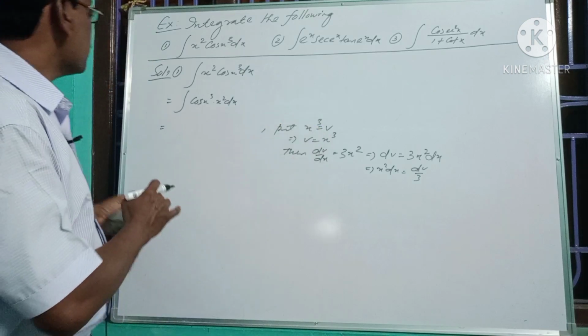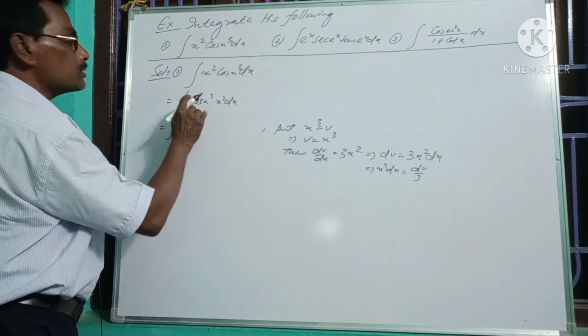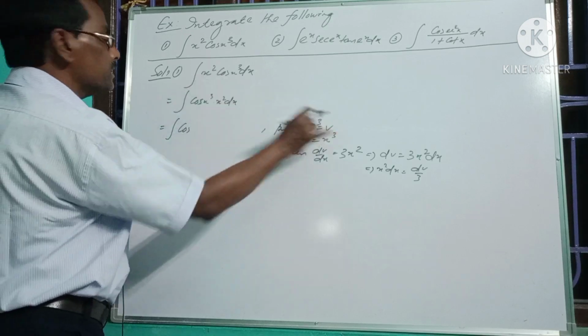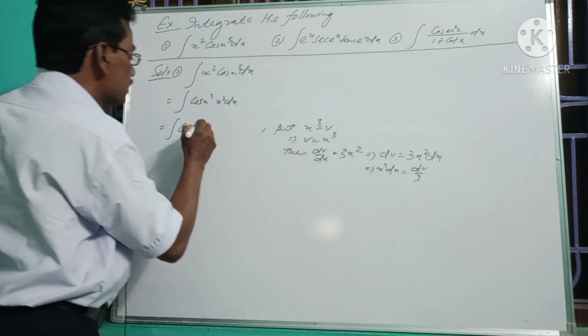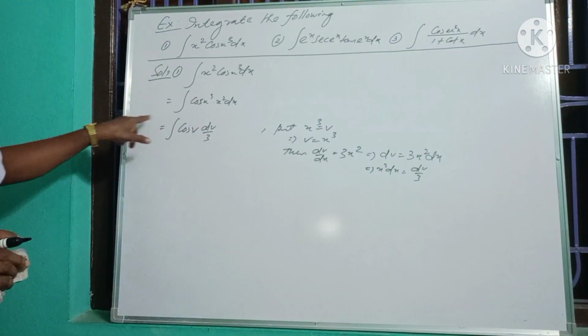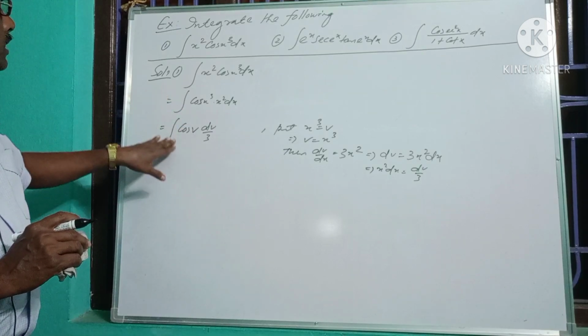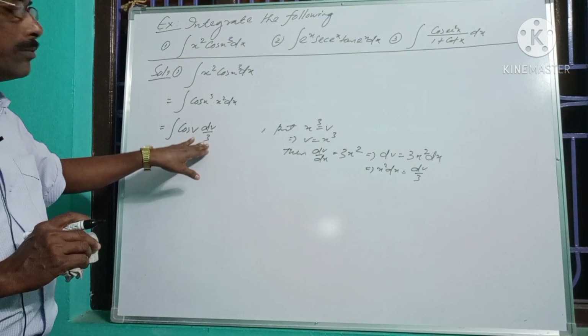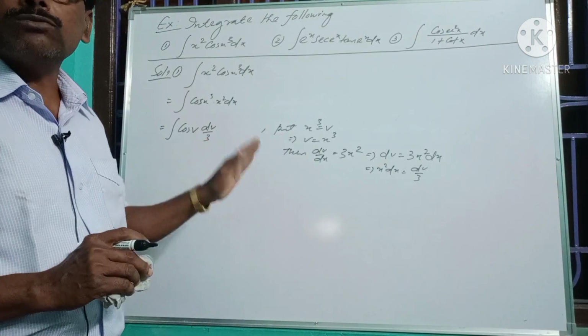So now we got x square dx as dv by 3, and we have substituted x cube as v. So replacing those, in place of cos of x cube we can write cos of v. In place of x square dx we have to put dv by 3. So now we got integration of cos v dv by 3. Now here the variable of integration is v, so 3 is a constant, and it can be taken out of the integral.